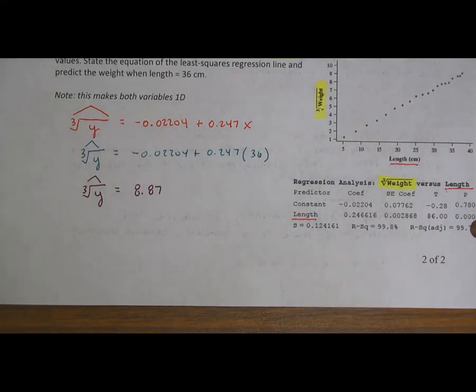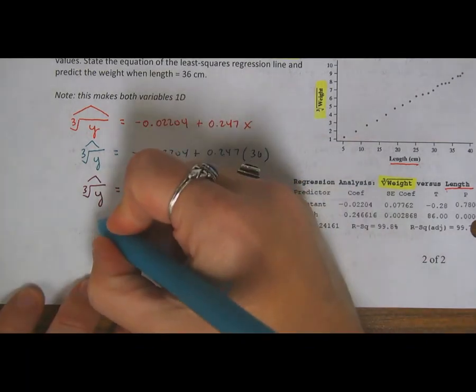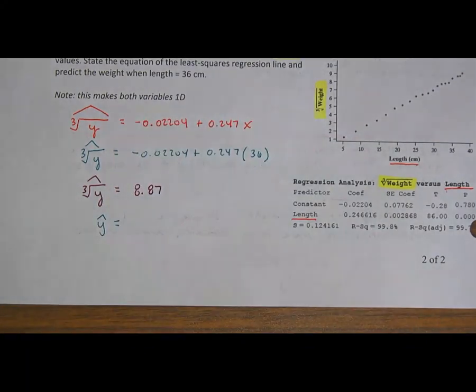Okay, algebraically, how do you undo a cube root? What's the opposite of taking a cube root? Cubing. So now I just need to cube both sides, and then I will have my predicted y value free from that radical. So raise 8.87 to the third power.